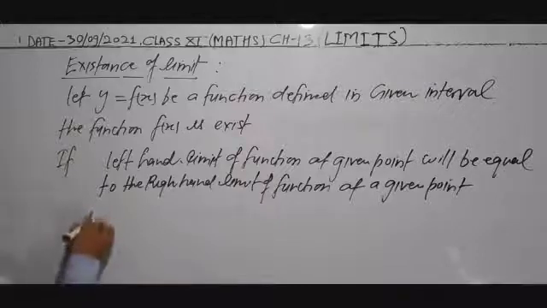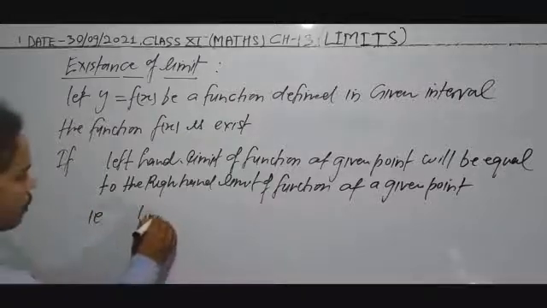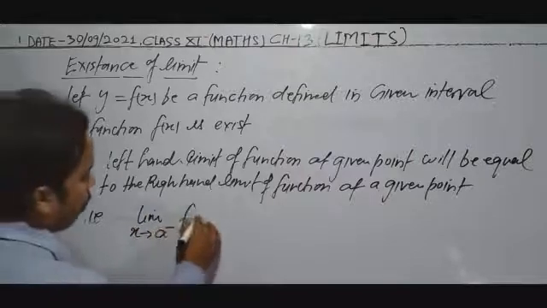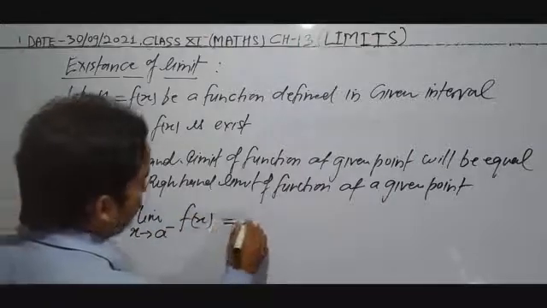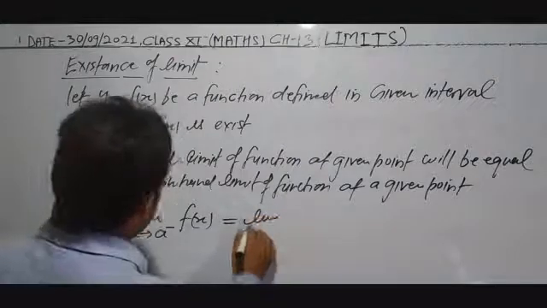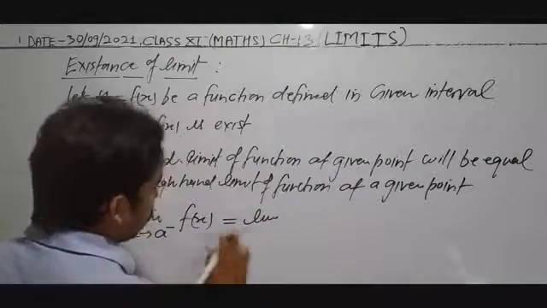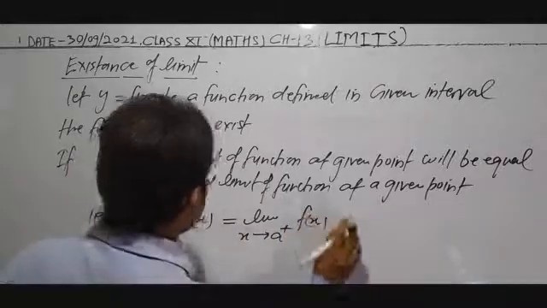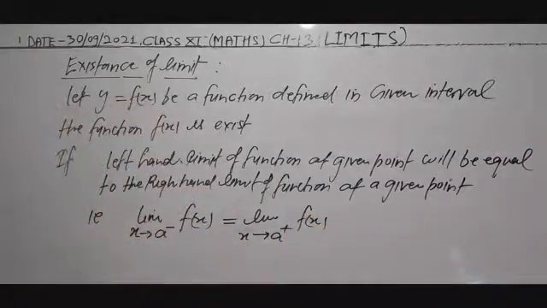That is, limit x tends to a minus of f(x) will be equal to limit x tends to a plus of f(x). This is the condition for the function to exist. Left hand limit is equal to right hand limit.